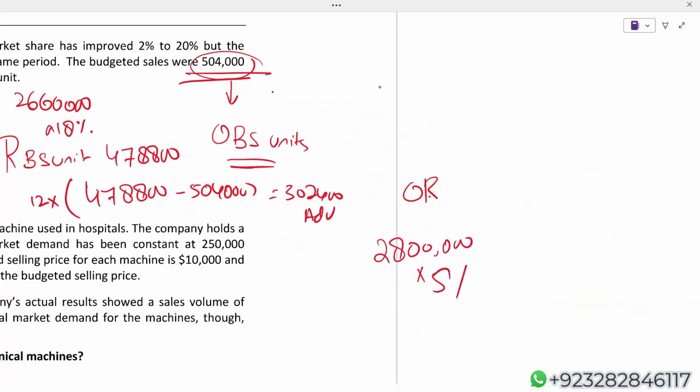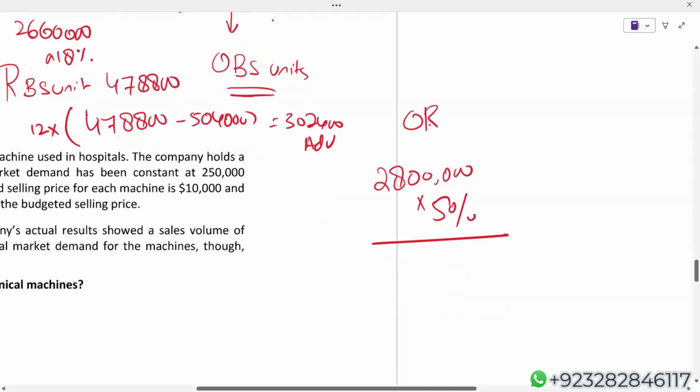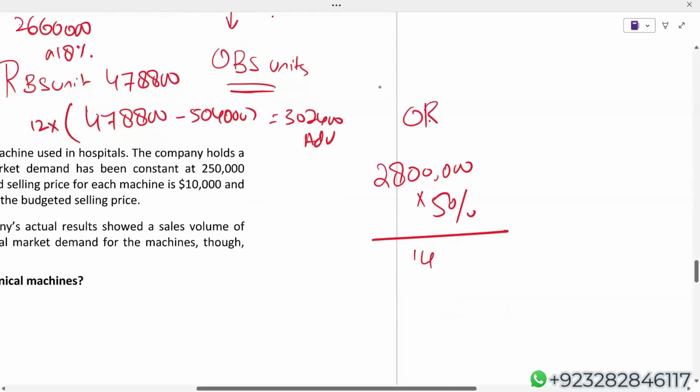It has reduced by 5%. So the dip in the entire market is 1,40,000. Obviously, we don't have 100% share of the market. We have 18% share of the market. The entire 1,40,000 is not a loss for us.